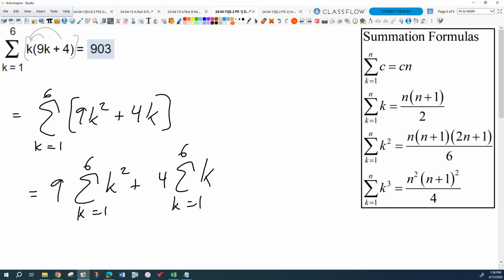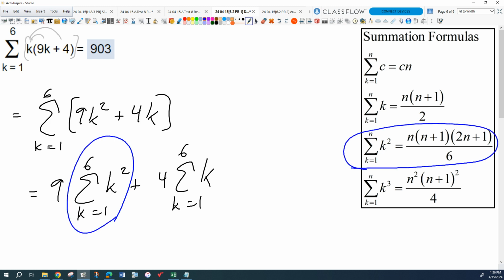Good. So this first one is just that formula right there, isn't it? Agreed? This guy is that formula right there, and I just apply them.